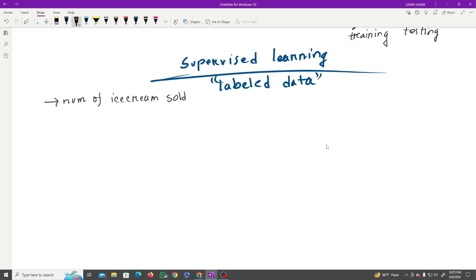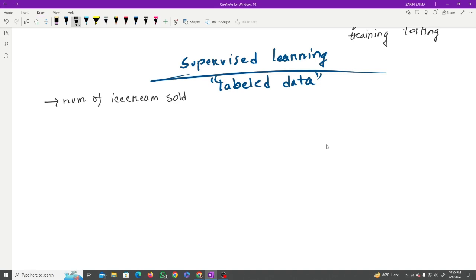Okay, so in this case, the temperature is our feature and the number of ice creams that we want to predict is our label or target. I think target makes more sense, right?